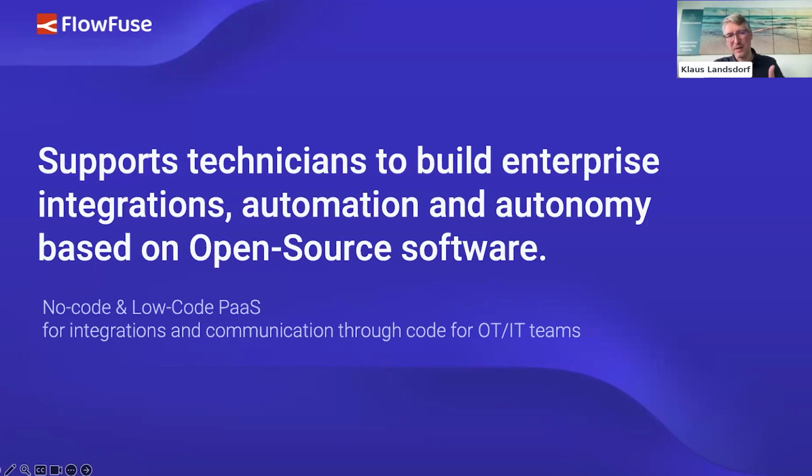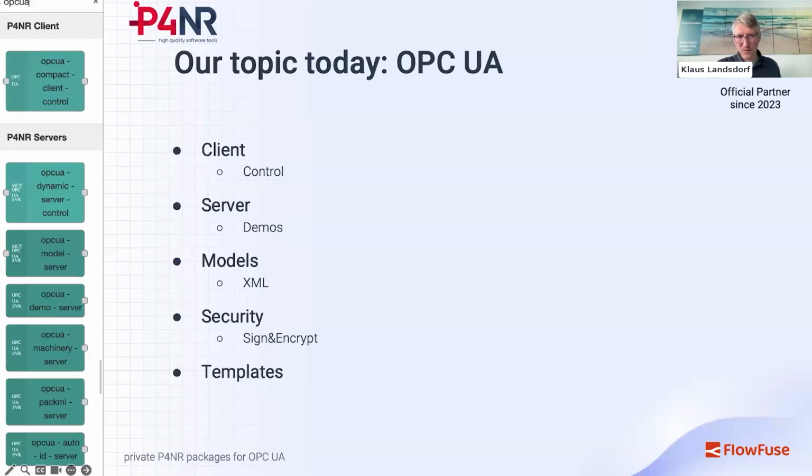And if you have this PubSub integration at the end, or a protected OPC UA server in the cloud, you can also send the data to your data center or to the cloud. And that's where we start. We have some client and server at the moment in the packages for FlowFuse Node-RED. And we could also use models.